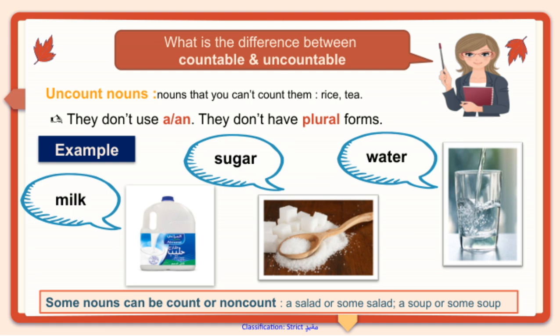Uncountable nouns, on the other hand, refer to substances or concepts that are difficult to separate into individual units. Recognizing this distinction helps us use the correct articles and quantifiers, which is essential for clear communication. This understanding is a fundamental part of mastering English nouns, and it ties into the overall theme of how we use language accurately and effectively.